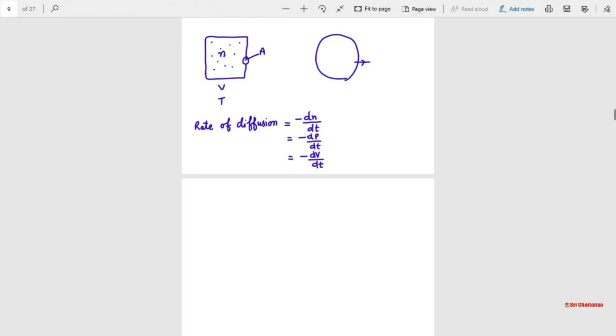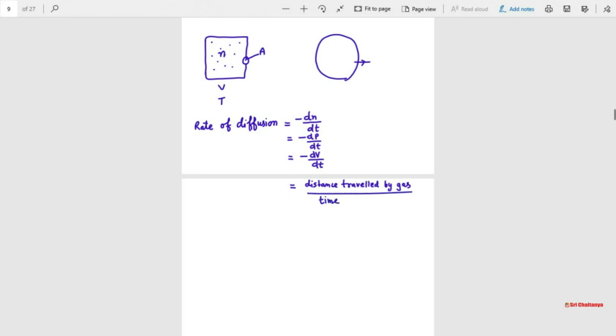Or I can say that if a gas is moving fast from inside to outside, I can also write that the rate of diffusion is equal to the distance traveled by the gas per unit time. So I can also write distance traveled by the gas divided by time, right?